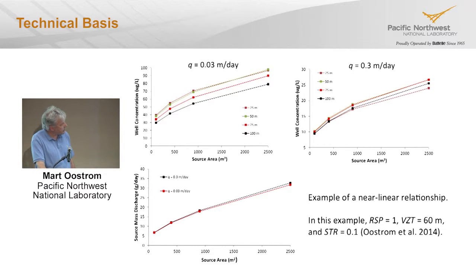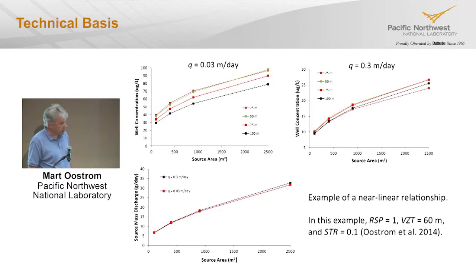And what you see there is that for the lower groundwater velocity, the well concentrations are larger than for the simulations that are run with higher groundwater velocity. The reason is that when you use lower groundwater velocity, the contaminants that actually move into the groundwater have a larger time to mix with the groundwater, leading to higher concentrations.